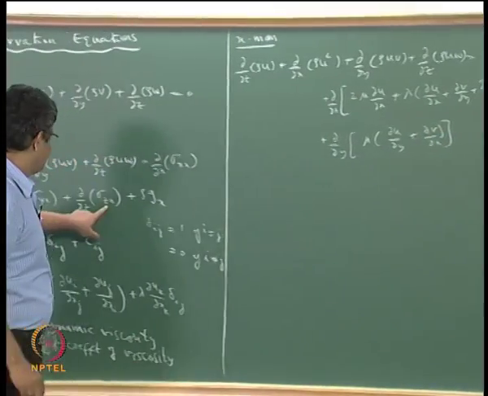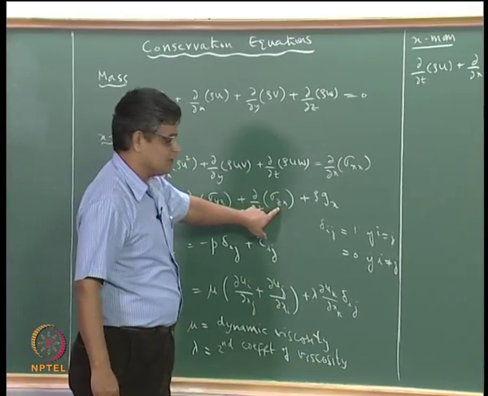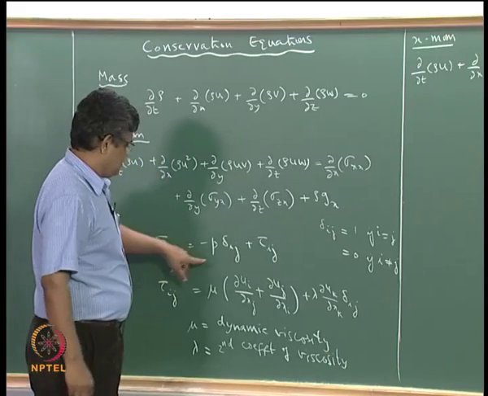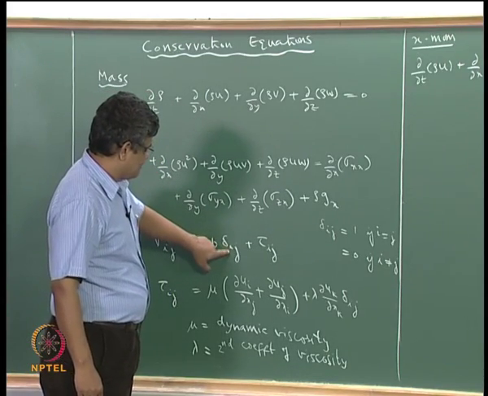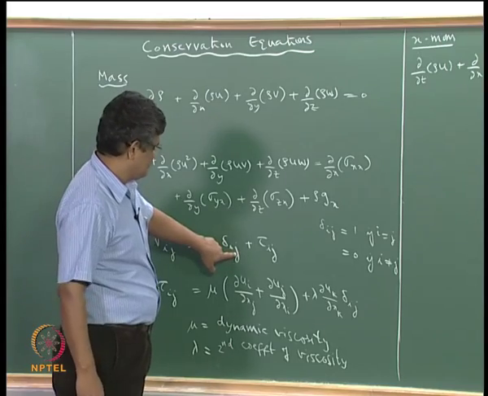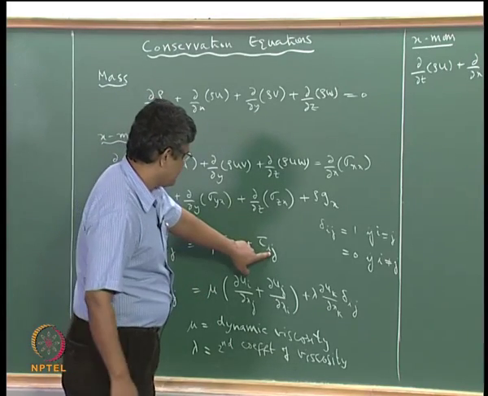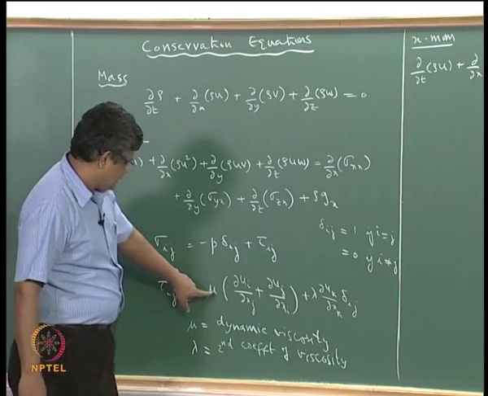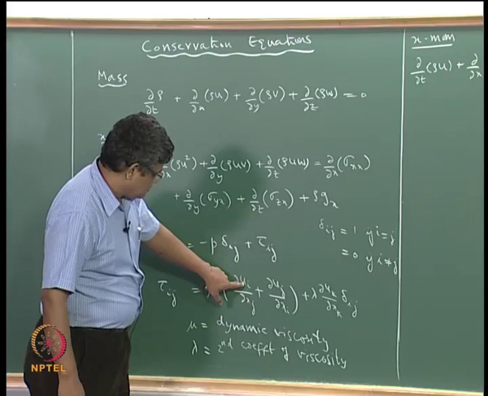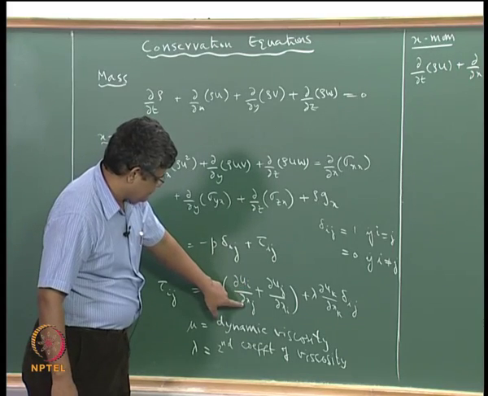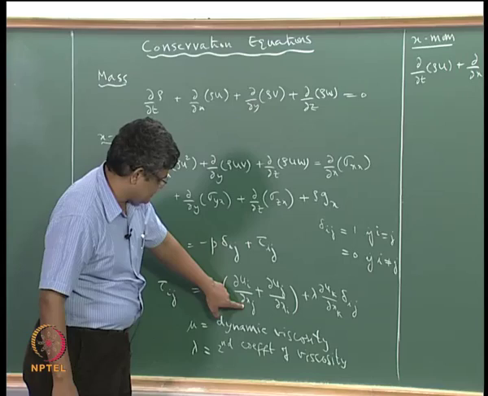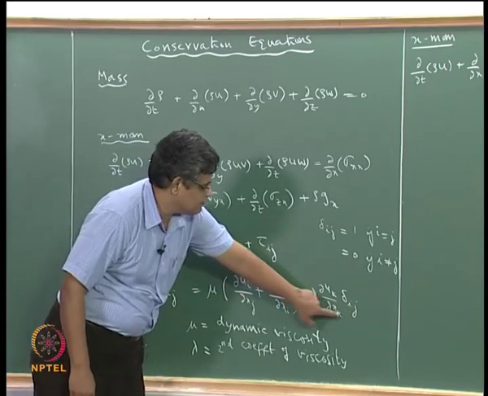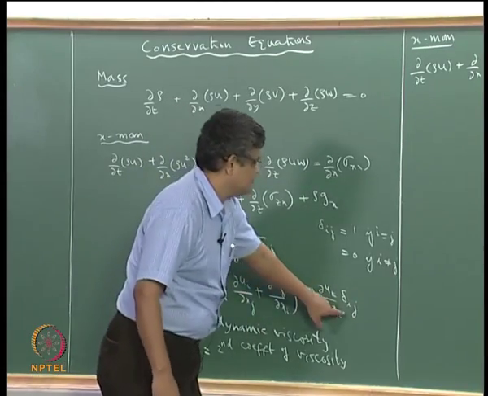Now we have zx. Zx means that i is equal to 3 and j equal to 1 in this expression. So again this becomes delta 3 1, so that is equal to 0, and here tau 3 1 is the tau zx, and so this becomes mu times dou w by dou x plus dou u by dou z, and this term becomes 0 because this is 0.